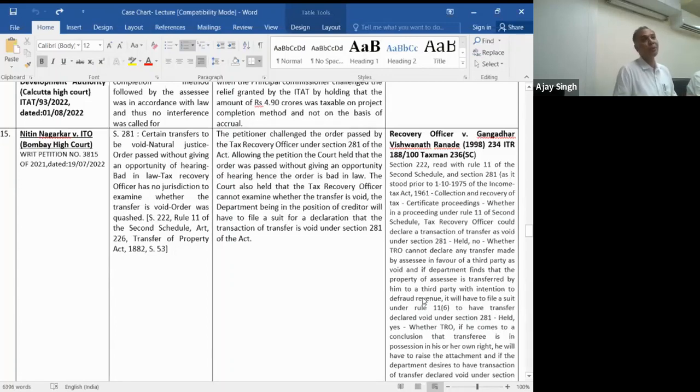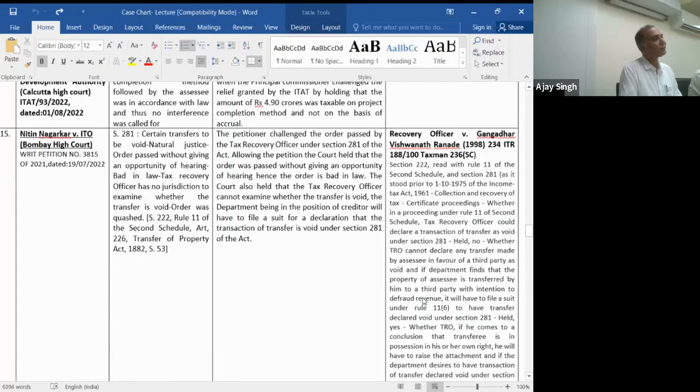Practically, you can also go to the assessing officer and get a certificate. There is 281 also. Not mandatory, but if the property is big, the purchaser can do this. You have to go and gather these.